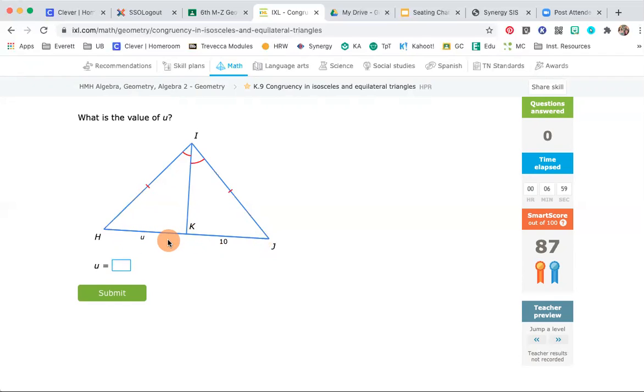The way you can be sure of that is just kind of imagining triangle KIJ flipped over so that angle J is now on top of angle H, and that this line is on top of this line. And you can kind of imagine that this line that's 10 units is going to line up with HK, so it should also be 10 units.